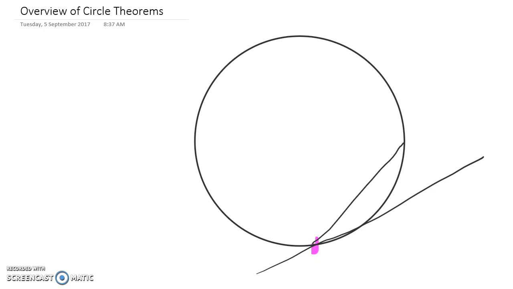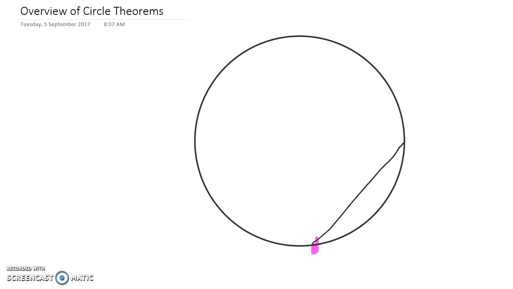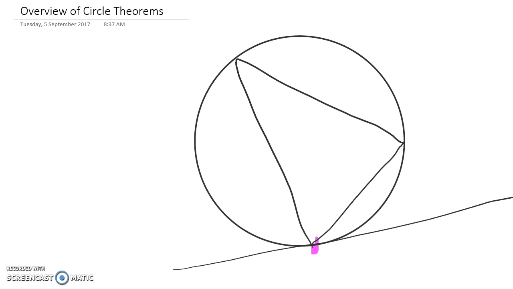So that's this angle here. This angle here is equal to this angle here. So that's what circle theorem 6 is.